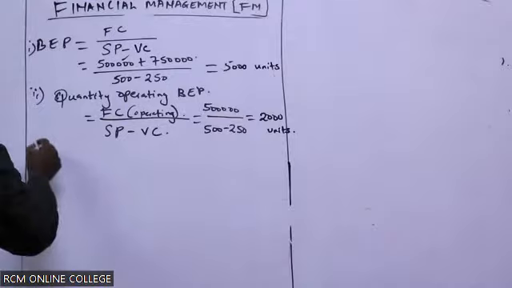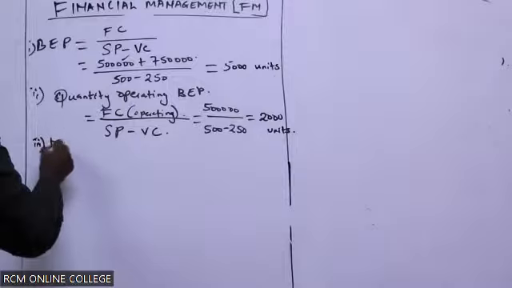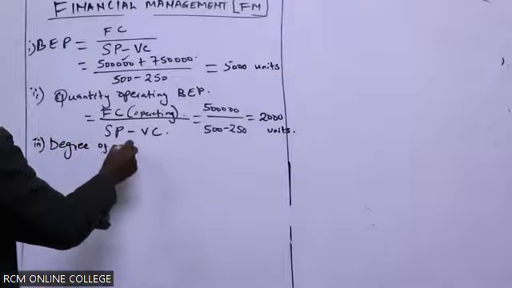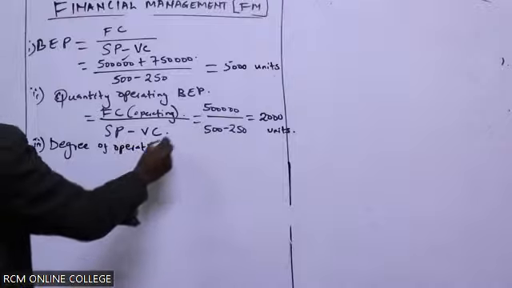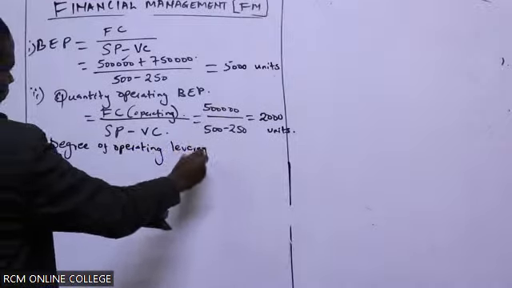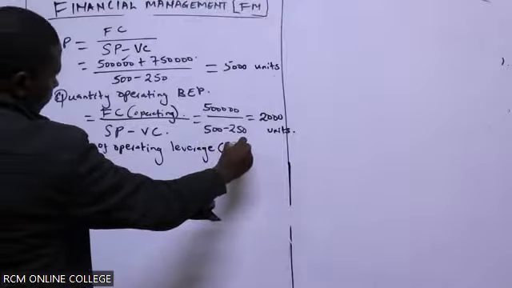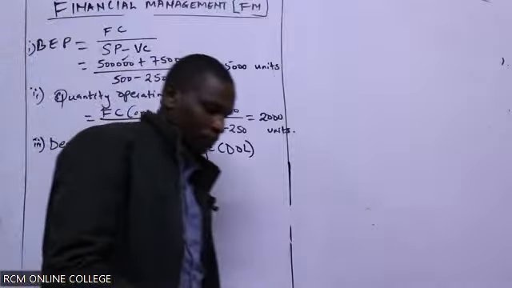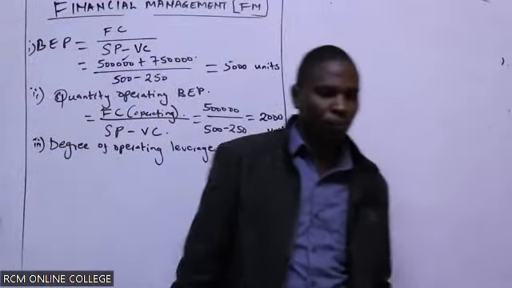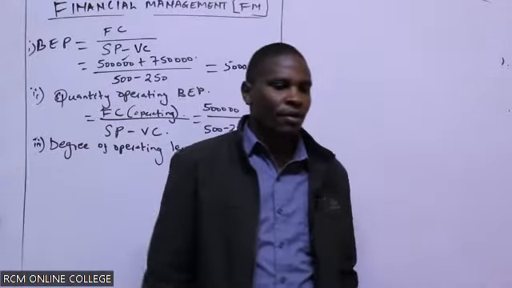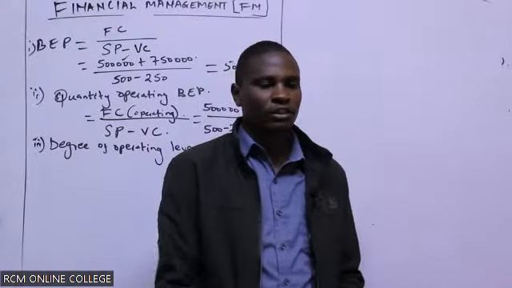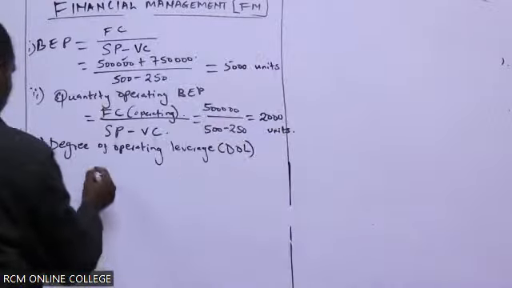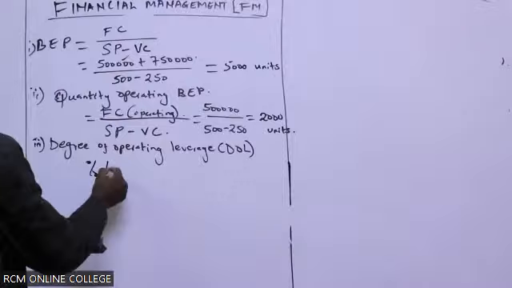Degree of operating leverage. A percentage change, tulisema, can be given by the percentage change or percentage increase in EBIT. Percentage increase in EBIT.